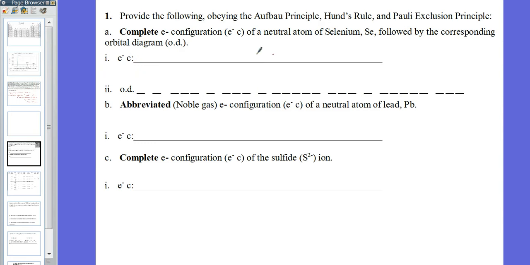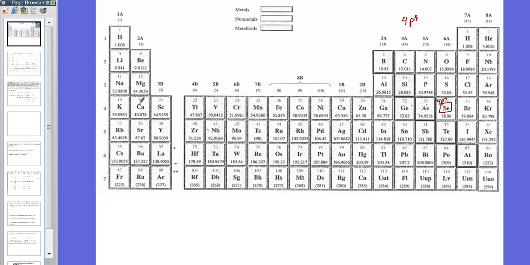got to write everything in according to our Aufbau rule. So 1s2, 2s2, 2p6, 3s2, 3p6, 4s2. Then remember, after 4s you're going into the D block, but you got to subtract 1 from that n.